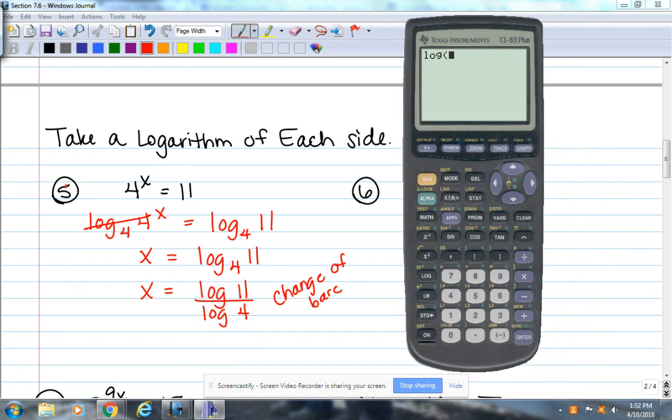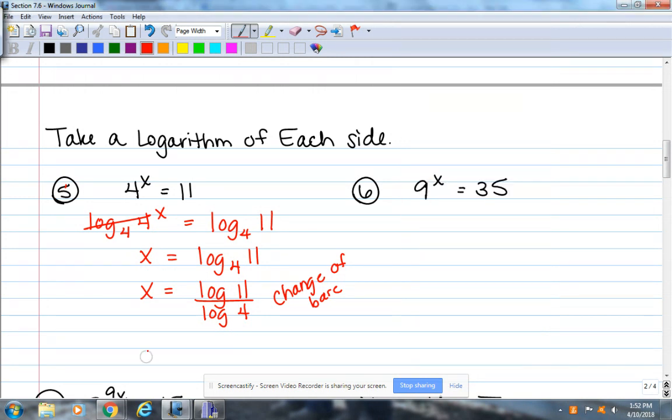Log base 10 of 11, close the parentheses, divided by log of 4, equals about 1.729, which is about 1.730, right? So I'm going to say x is approximately 1.73. Why did I use the squiggle line? I rounded, right?